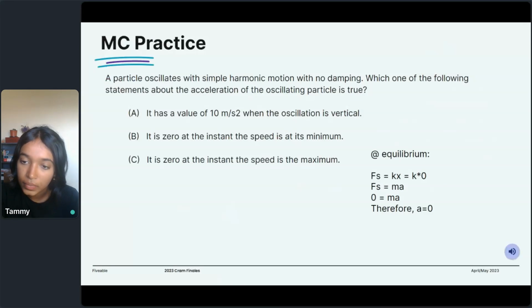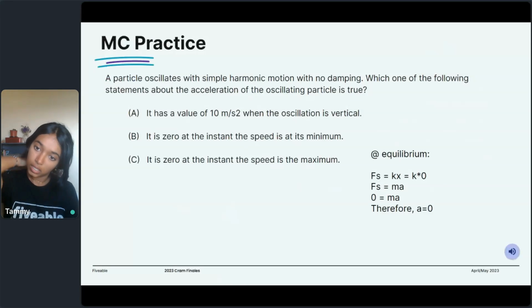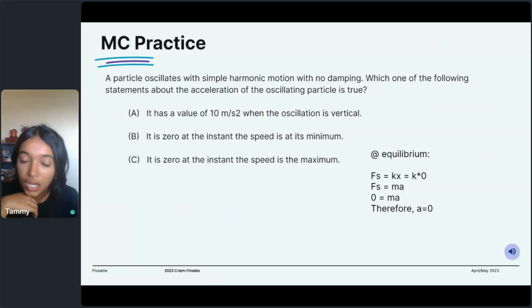Again, let me say this: the springs and simple harmonic stuff does not have a uniform acceleration, which is why we can't use the UAM equations. So the acceleration is not uniform throughout. For sure, I can repeat that.